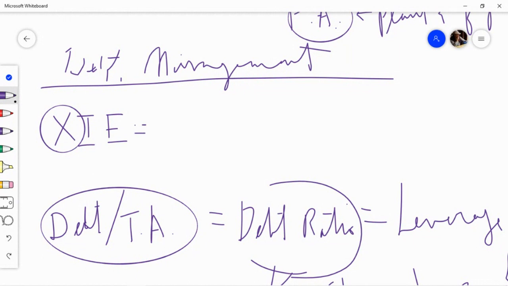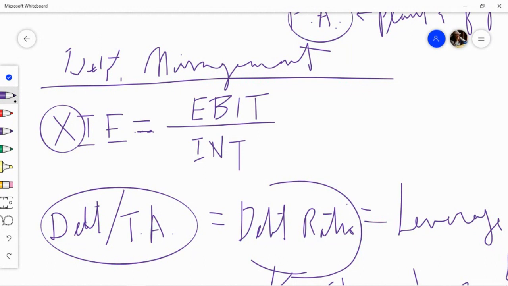The times interest earned ratio is EBIT over interest payment.